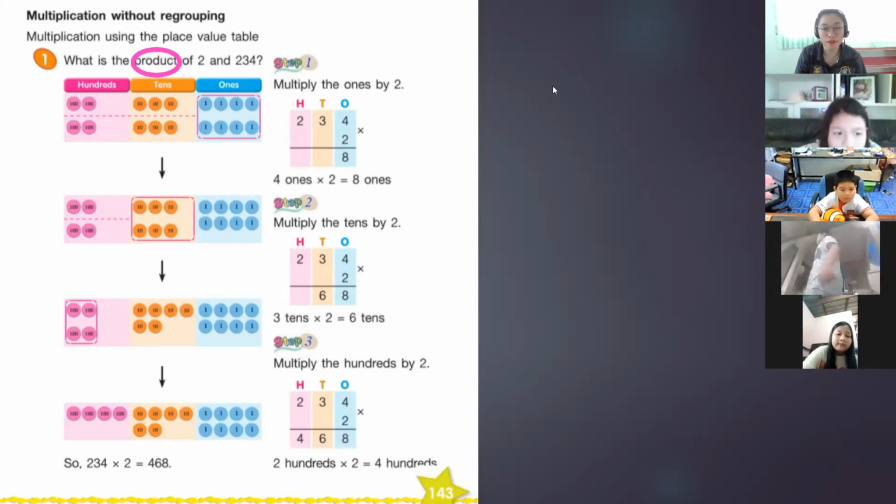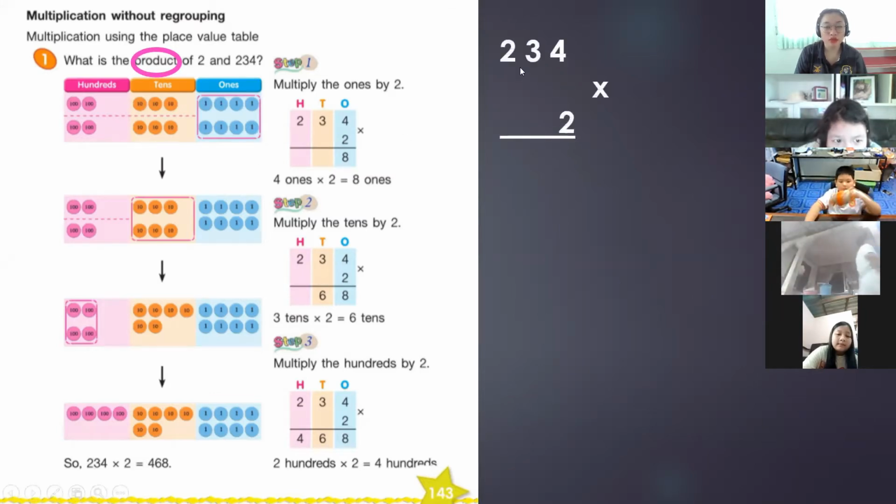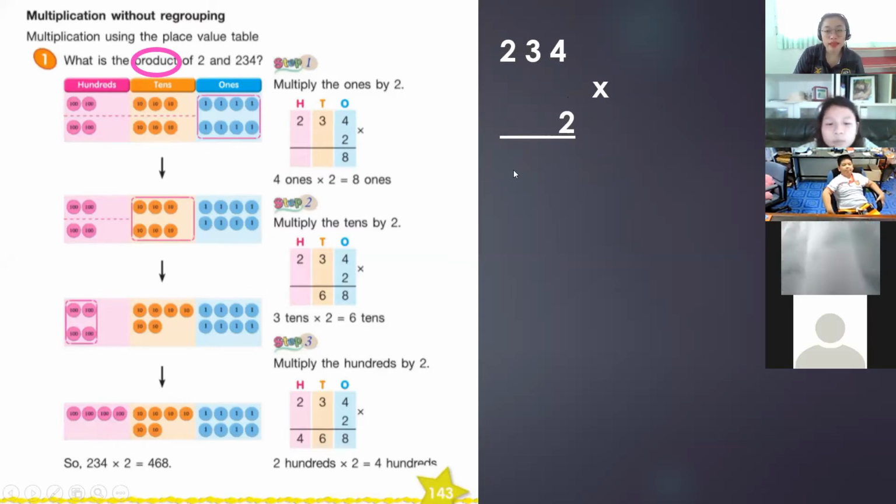So we have 234 multiplied by 2. 234 is what we call the multiplicand, and 2 is what we call the multiplier. We're going to get the answer, or the product.